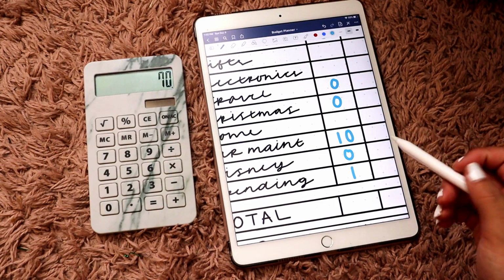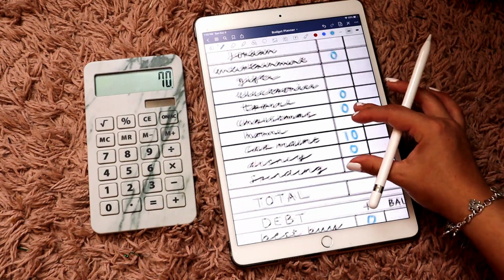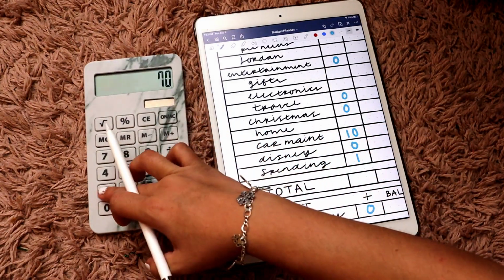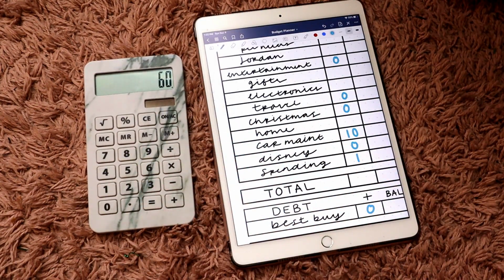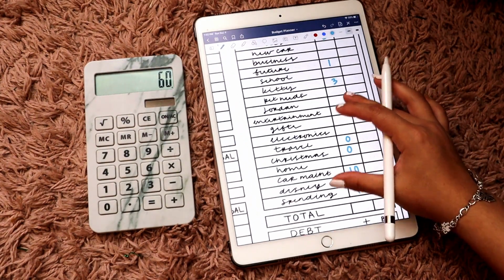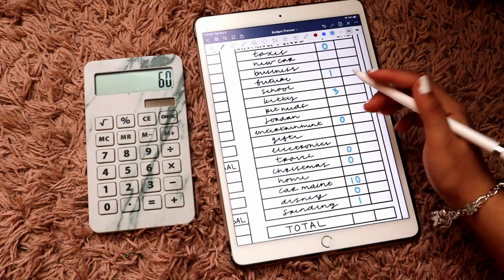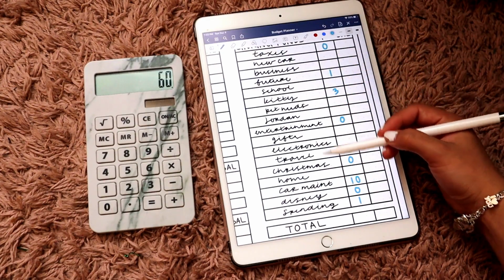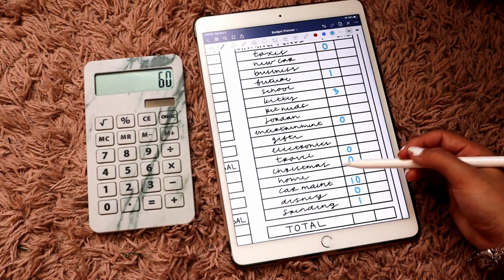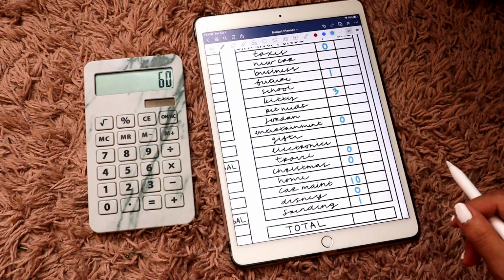It's a pretty large amount given that I have a smaller paycheck, and I want to make sure that car maintenance is always taken care of. So minus $10, which will leave us with 60. So next, for something like home, I wouldn't do home just yet because I have categories up here that are more important to me right now. So that one, I don't know what it's going to get yet, so I kind of just leave it to linger.